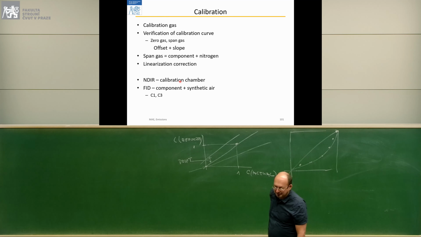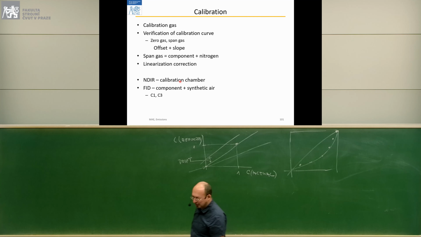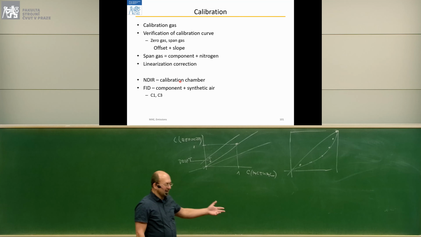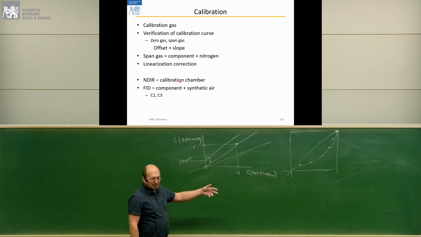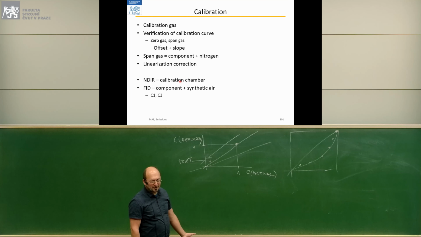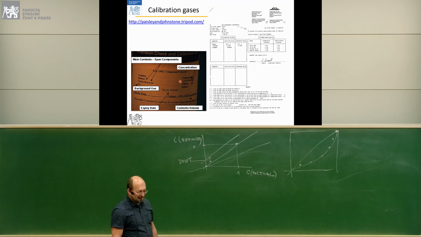The primary standards are typically maintained by national or international metrological laboratories, and these primary standards are used to calibrate instruments that are used to prepare secondary standards, and these are used to prepare tertiary standards. And then at some point you get hold of, for example, calibration gas that you use to calibrate the analyzer.